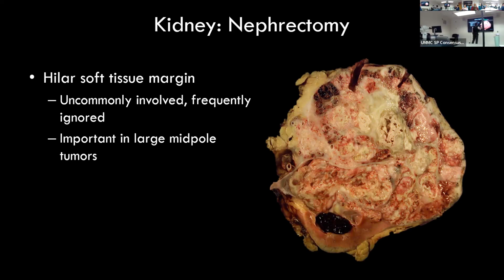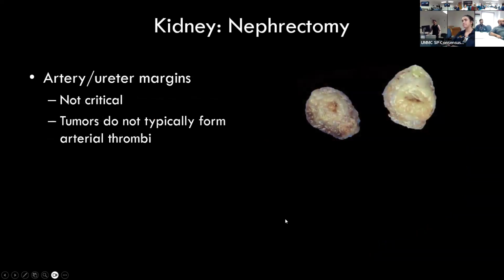This is a tumor entering the renal vein. You will sample this margin, of course, and then some perinephric fat, but please don't forget to sample here, because that's the closest relationship to the hilar soft tissue margin. This is not common, but try to keep it in mind when you're submitting sections.